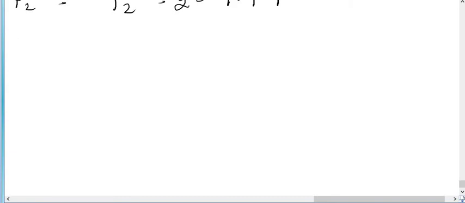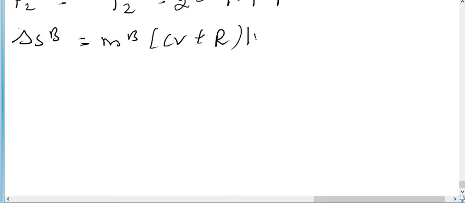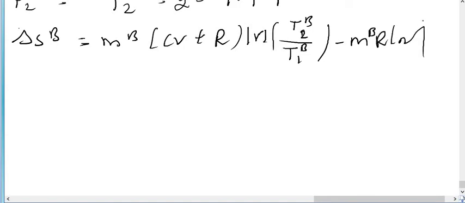So therefore, the entropy in B is what? MB into (CP plus R) ln TB2 over TB1, minus MB R ln PB2 over PB1.